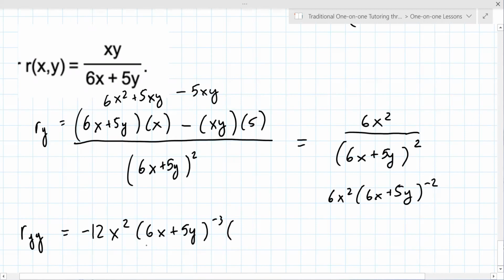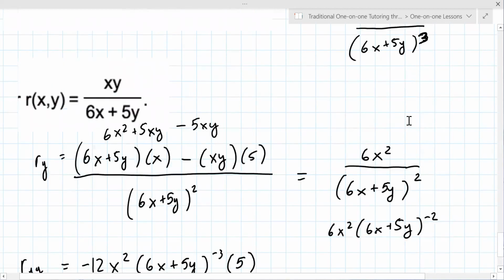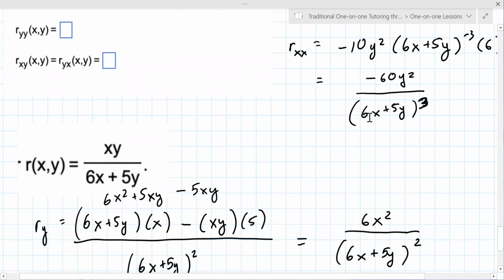Then you have to take the derivative of the inside function with respect to y, which is just the 5. If we write it out nicely, it's minus 60x squared over 6x plus 5y cubed. And you'll probably notice it looks really similar to this up here, and it always will.